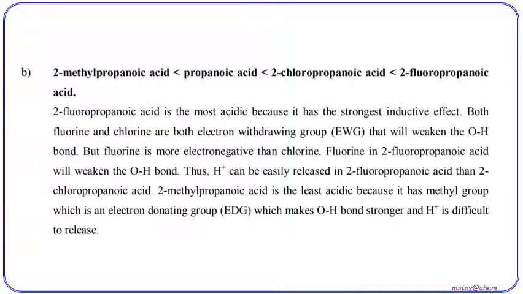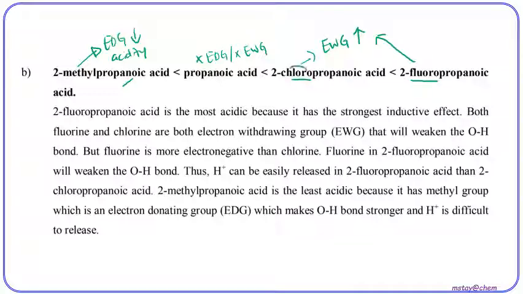As we know, this is an EDG, and an EDG will decrease the acidity, so that's why this is the first when we do the arrangement. Propanoic acid has no EDG or EWG, so we consider it in the middle. Chloro and fluoro are EWG, so EWG increases the acidity. But the difference between these two is the position, which means the electronegativity.